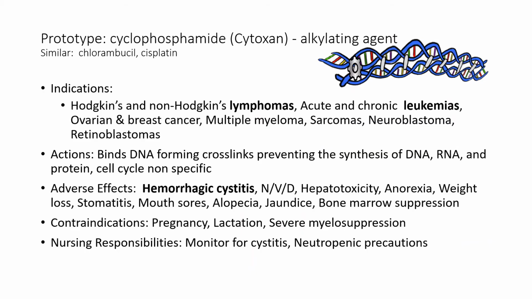Okay, so let's talk about alkylating agents, and the prototype for this is cyclophosphamide, a chemotherapy drug. The other one that you'll see that we mentioned earlier was cisplatin. There's another one, chlorambucil. I think if you recognize, oh, they all start with C, there's a good way to remember them.